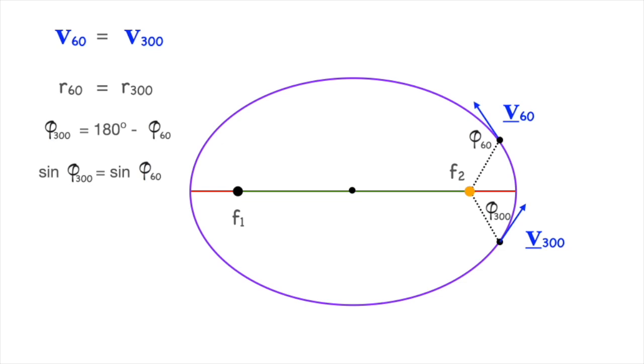The magnitude of V60 equals the magnitude of V300, R60 equals R300, and phi 300 equals 180 degrees minus phi 60. And although the two are not equal, the sine of phi 300 equals the sine of phi 60.